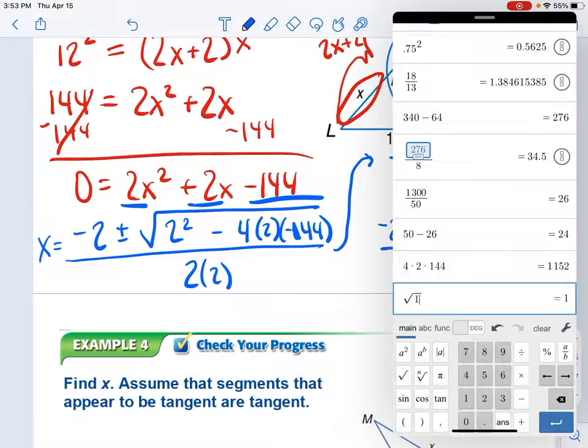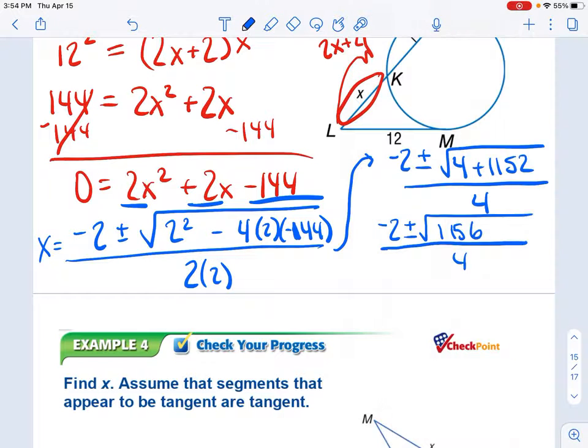So I have the square root of 1,156. Oops, typed it in wrong. It is, it's 34, so now I have negative 2 plus or minus 34 divided by 4. So I need to split this into 2 pathways, the positive and the negative pathway.